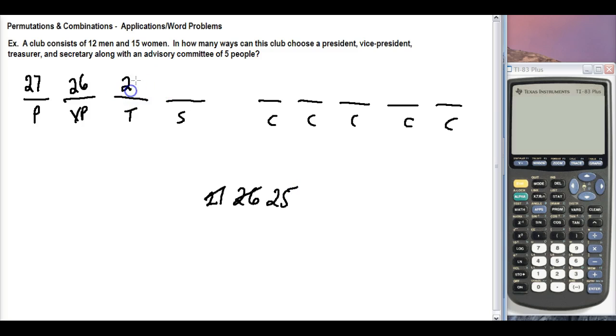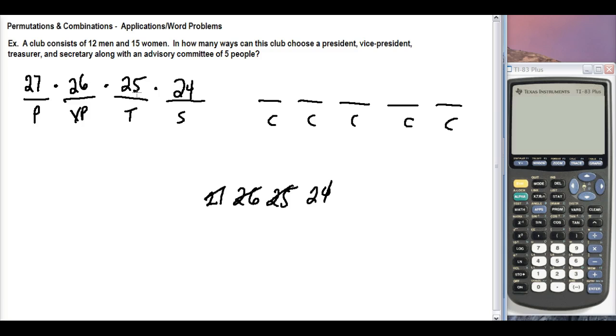And so we select our treasurer out of those people. And then that goes away. And then for our secretary, we have 24 people left to choose from. Okay. And so since we're choosing this in order, this is going to follow the fundamental counting principle, and all these numbers are going to be multiplied by each other.